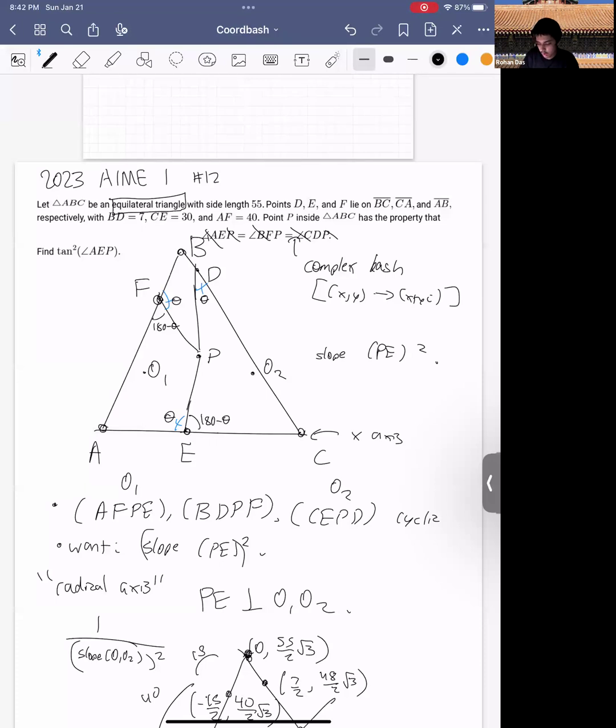You don't want to deal with angle conditions in a bash, and you want to make simplifications from angles from circles into just lines and perpendiculars, because that is fundamentally what the Cartesian coordinate system is. And also you do not want to introduce a variable for p, because then it becomes too complicated.